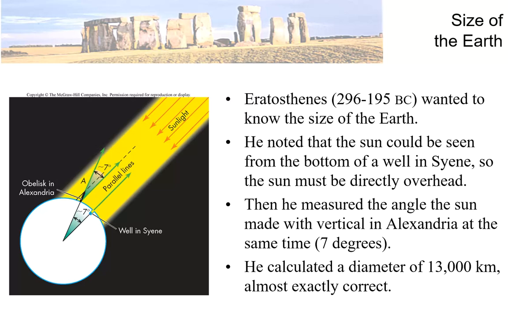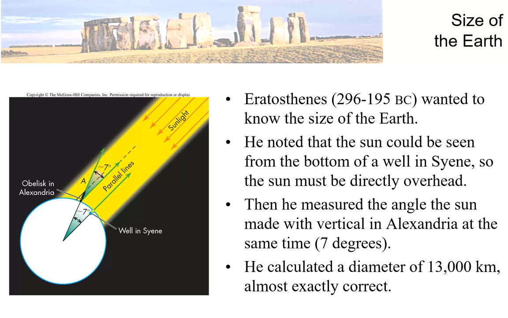Then all you have to do is take that distance between Alexandria and Syene and multiply it by 360 divided by 7, and that'll tell you the circumference of the Earth. And once you have the circumference, the diameter is just the circumference divided by pi. So he was able to calculate the diameter of the Earth to about 13,000 kilometers, which is almost exactly correct.